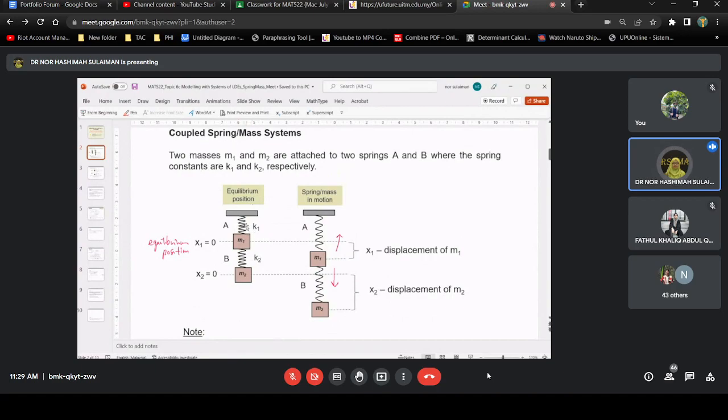So let's say you have spring A and spring B, each with a spring constant of K1 and K2. So you attach mass 1 to K1, and then attach the second spring, and then attach mass M2.